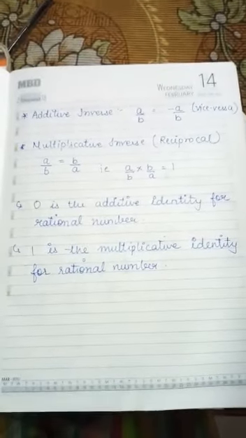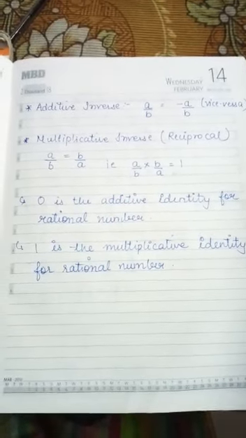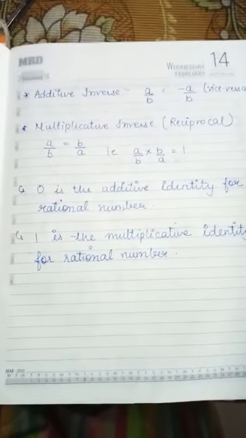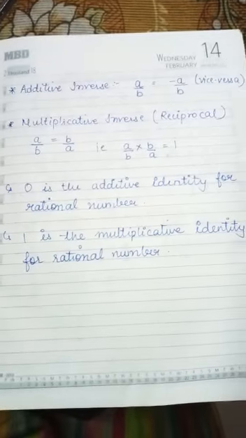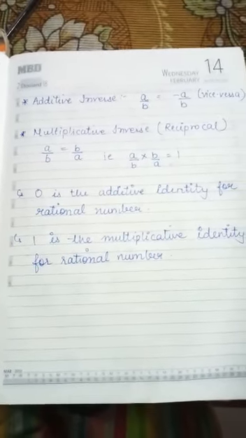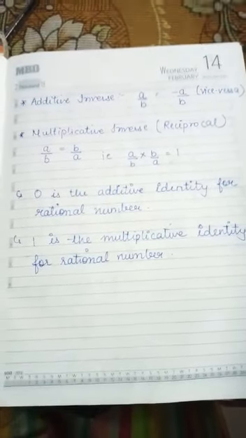Okay. Now see the additive inverse. Additive inverse means a upon b becomes minus a upon b. If the number is positive, it becomes negative. If the number is negative, it becomes positive. And the additive identity of addition is 0. Multiplicative inverse. The other name of multiplicative inverse is reciprocal.